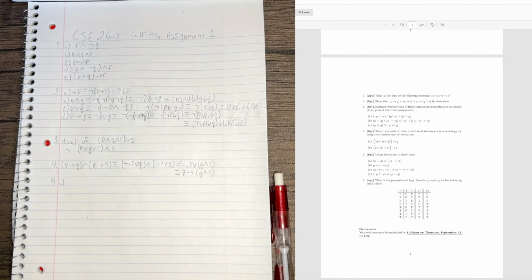For this first one, there's only P and Q. We could simplify it. That would make it easier. Should I just use scratch paper for that? Where's my scratch paper? This can be used as scratch paper, sure.